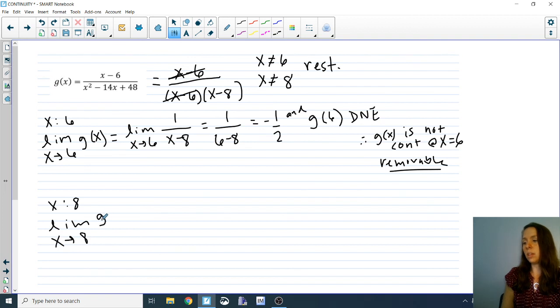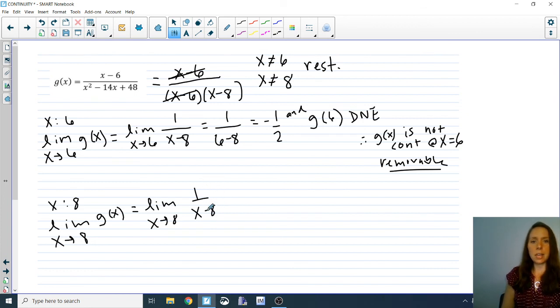For the other one, x equals 8, if you approach it the same way, you say, okay, let's do the limit as x approaches 8 of g of x. But let's try that simplified form. You're going to still see that that doesn't work, right? We can't sub 8 into this simplified form. The x minus 8 factor did not cancel out.